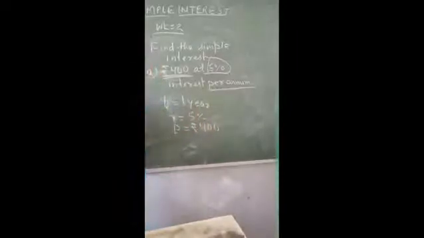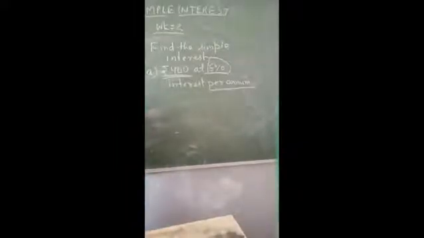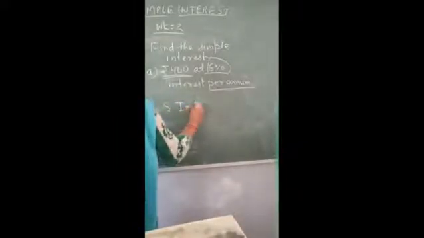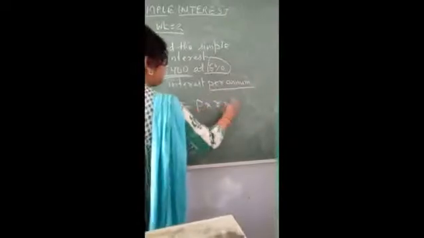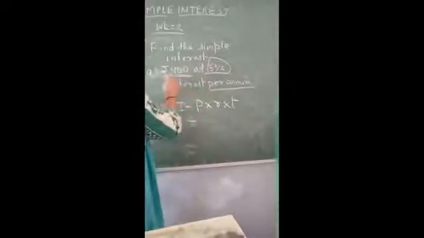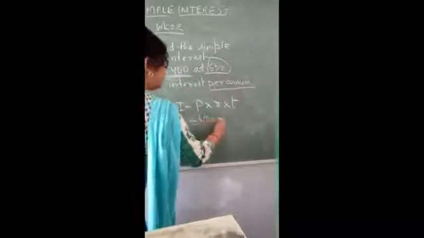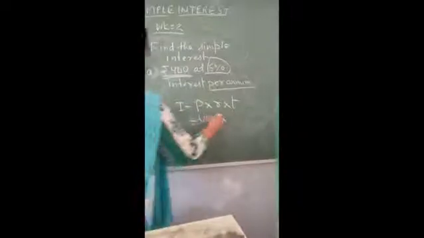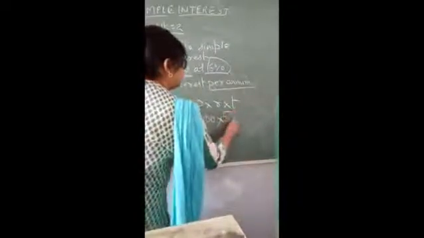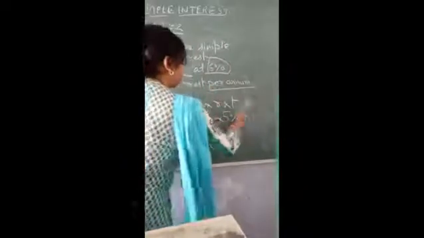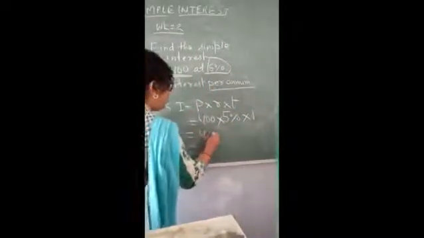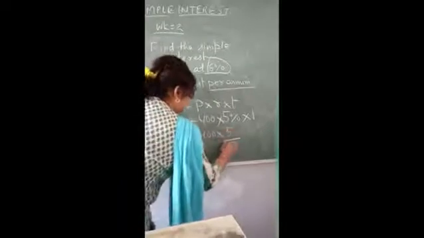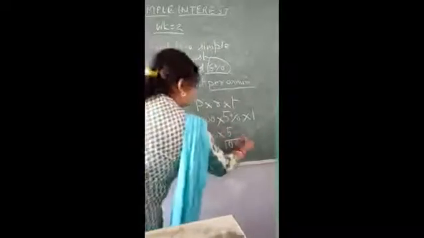Now simple interest SI is equal to P into R into T. Here principal amount is 400 multiplied by rate of interest 5%, into time, 1 year. You can write 400 into 5 by 100 into 1.